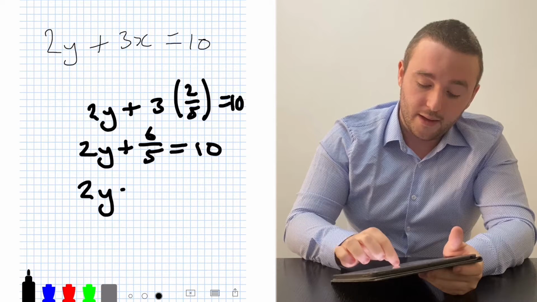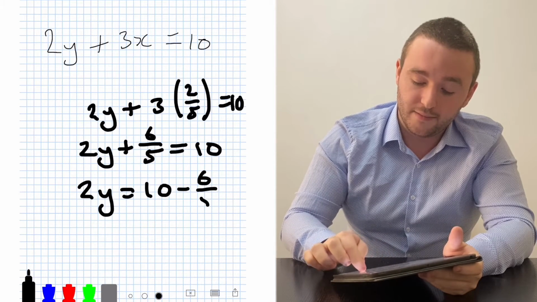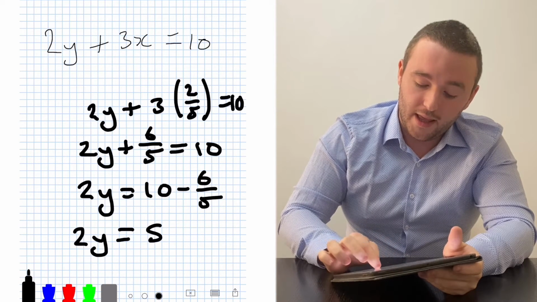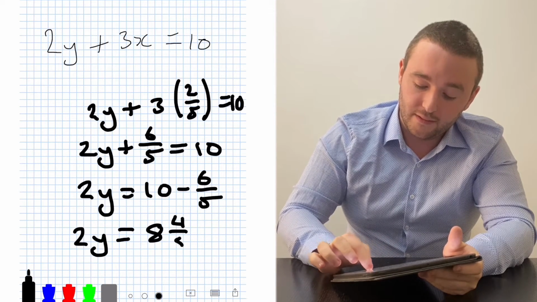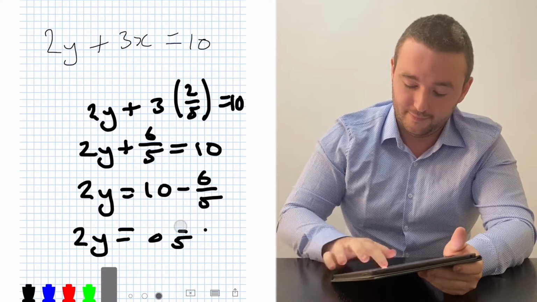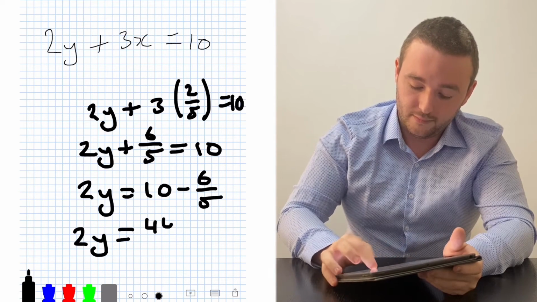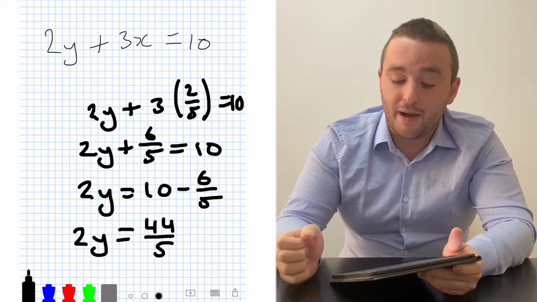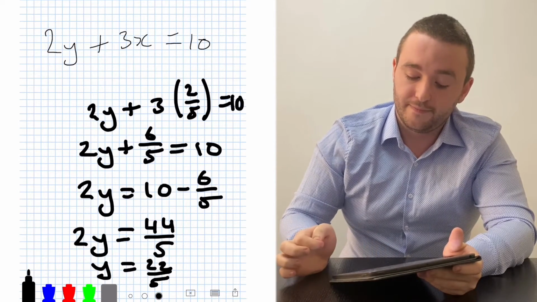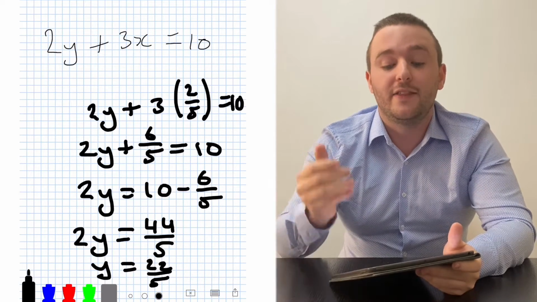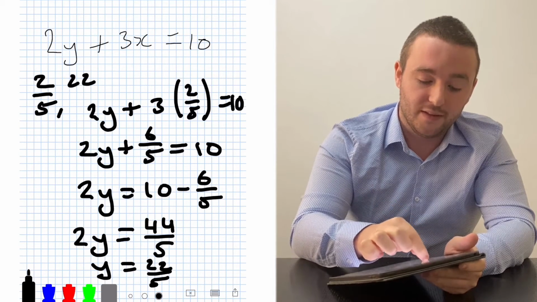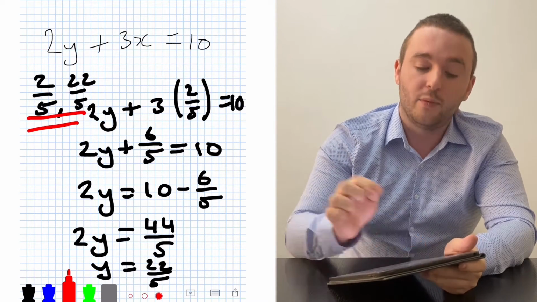We get 2y equals 10 minus 6/5, which is going to be 2y equals 8 4/5, also known as 44/5. And now to get the y by itself, we divide by 2. So y equals 22/5. And that gives us the coordinate that these two lines are going to intersect at: 2/5 and 22/5. And that would be our answer.